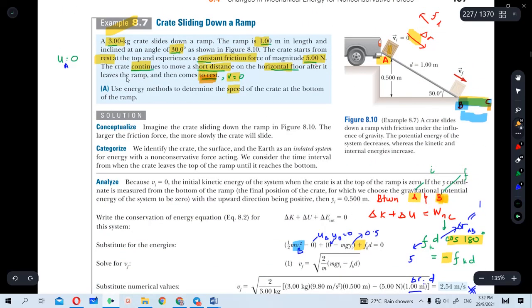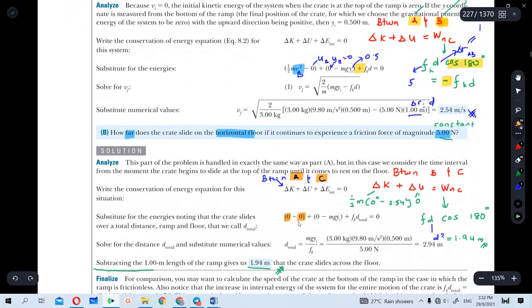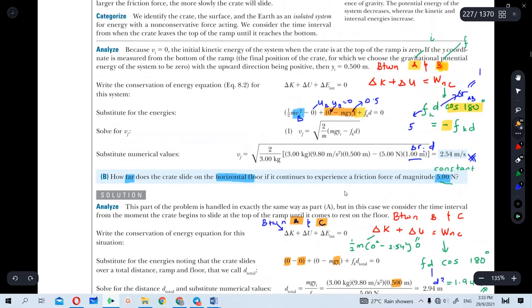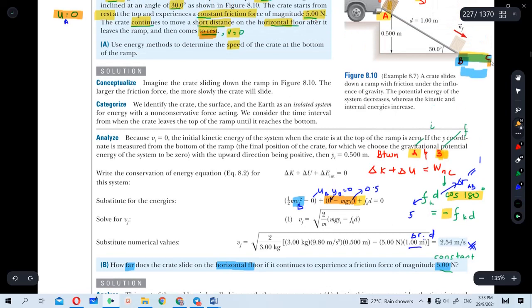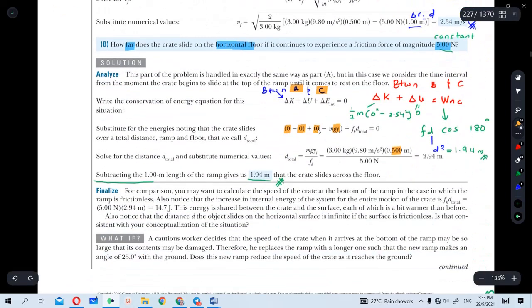At A, the initial speed is zero, so that's the reason why kinetic energy is 0 minus 0. How about the potential? Again, you look at the similar technique as earlier. That 0.5, this is 0.5. And the final is at the ground, which is at C. So no elevation, it is still at the same ground, so that's the reason why it is zero.